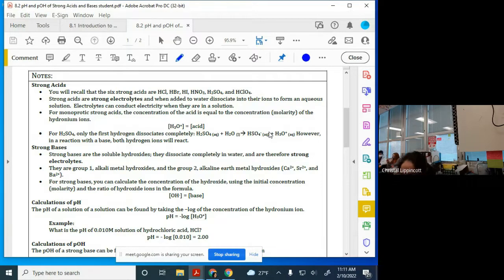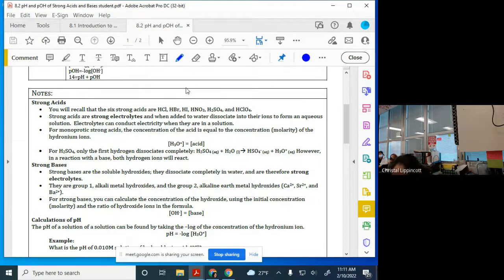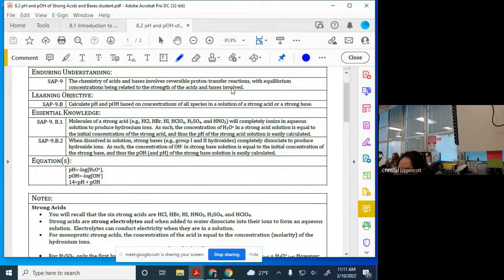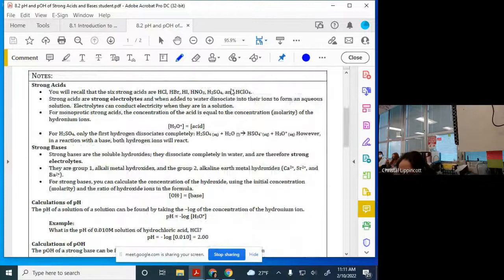All right, we talked about these strong acids and strong bases. When we're dealing with strong acids and strong bases, that means the reaction pretty much goes to completion. So your Ka value for these is always going to be around 1 or greater, because most of it is going to end up being products. Some of these are polyprotic acids, such as, well, I guess this is the only one.